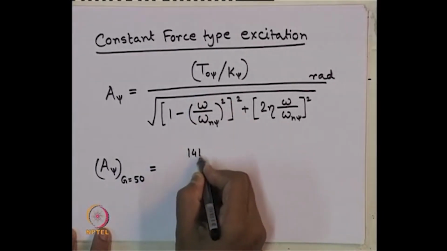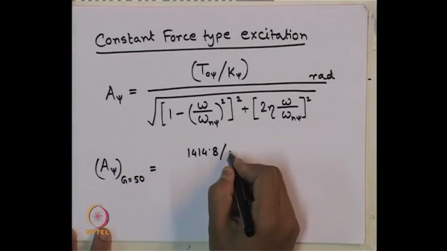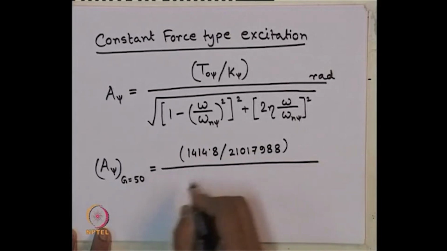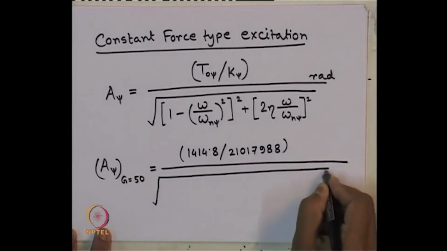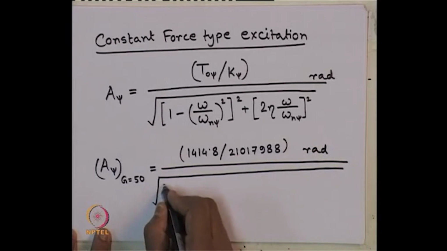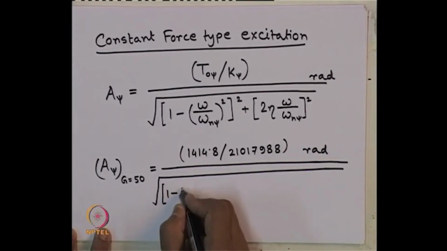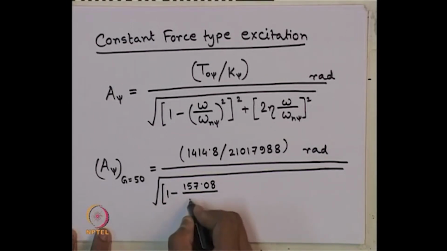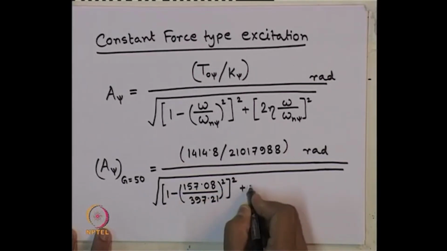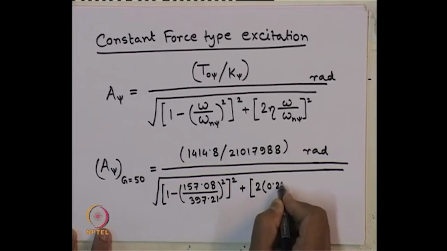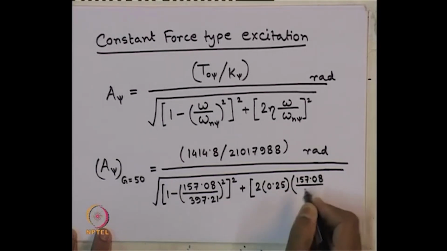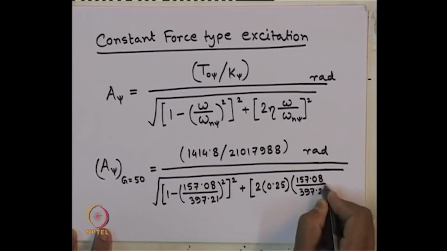This value is 1414.8 by K psi, which is 2101.7988, divided by root over 1 minus omega, which is 157.08, by omega n psi for G equals 50, we obtained as 397.21, whole square, that square, plus 2 into damping ratio 0.25 times 157.08 by 397.21, that whole square.